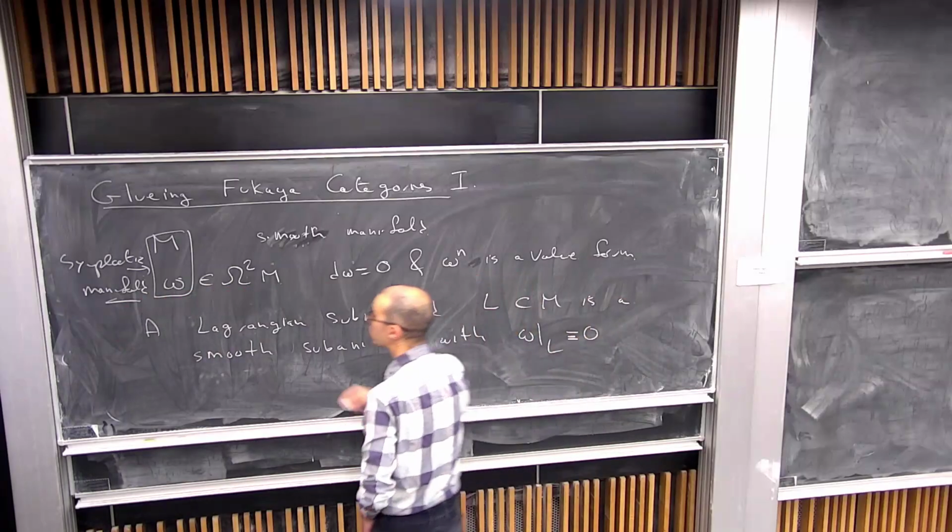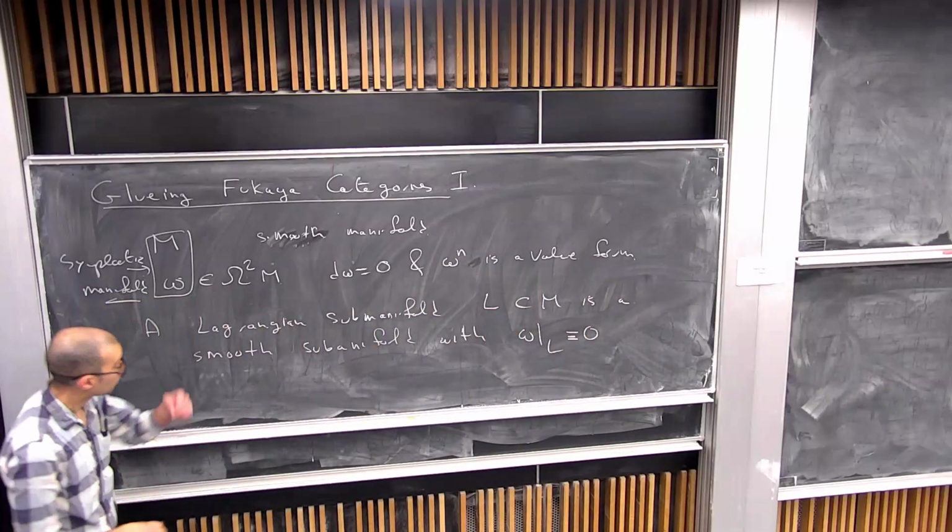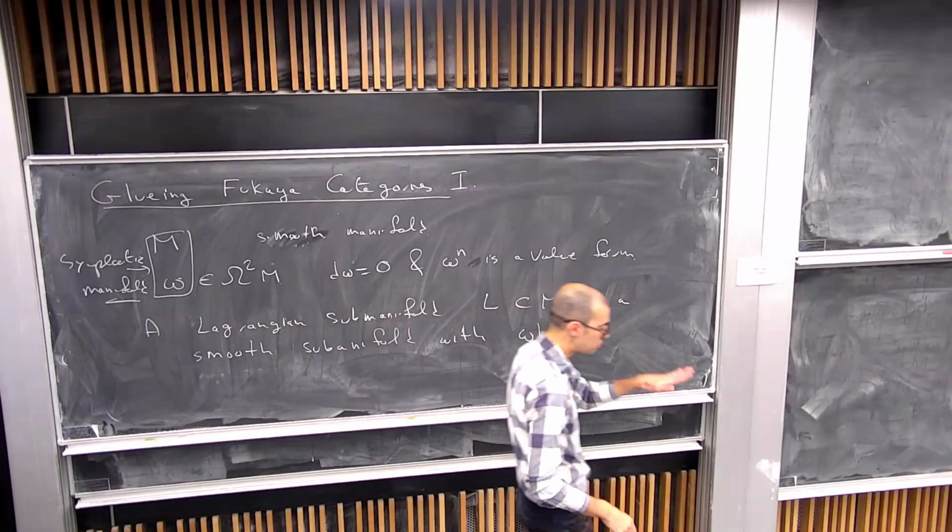Okay, so omega is a two-form. So what you're going to require is that if you take any two-plane contained in the tangent space of this Lagrangian, then omega evaluates to 0 on it.